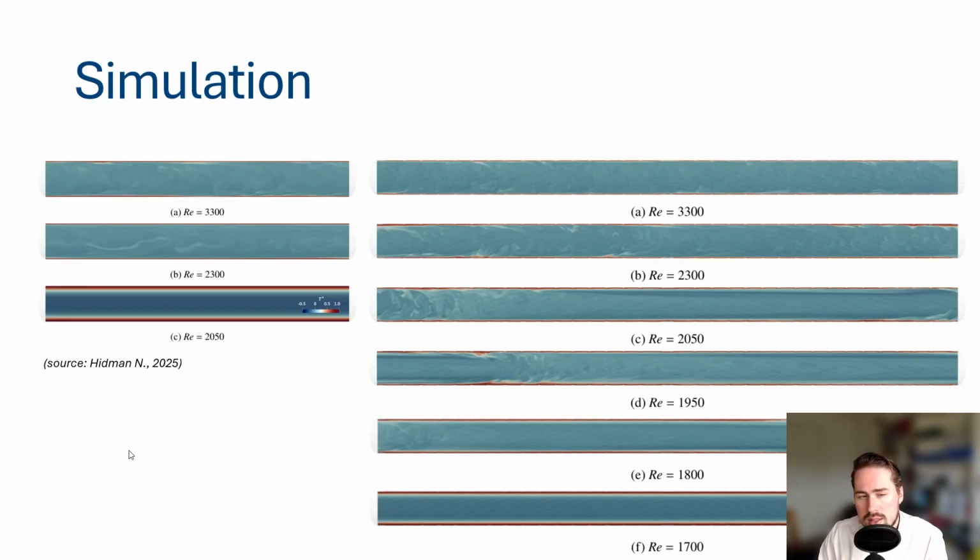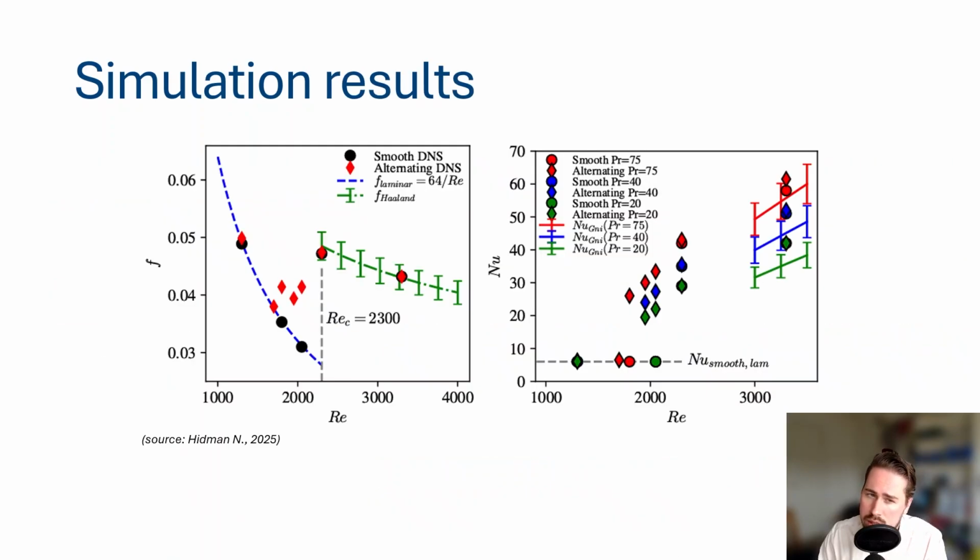And what Niklas then did is he also made a correlation for this. These are two very complicated figures, but I will try to explain them easily. So let's take a look at the figure on the left. This is for the friction factor. Recall the friction factor tells you something important about the pressure drop. You typically want it to be as low as possible.